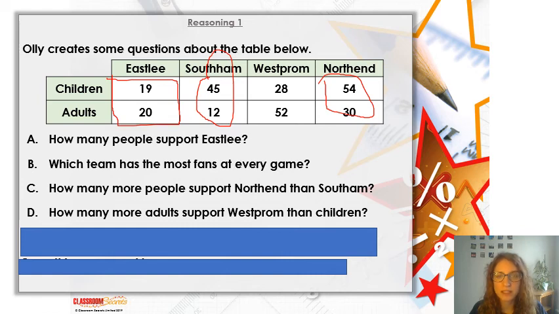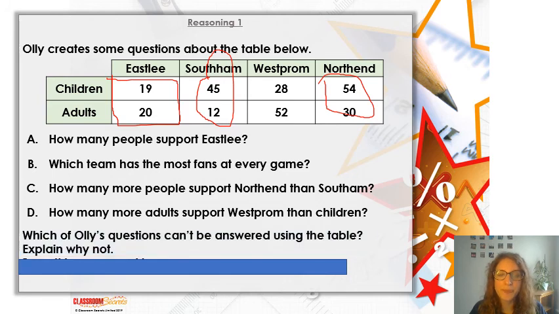Okay, so you need to do subtraction here, 52 take away 28. And which of Ollie's questions can't be answered using the table? Explain why not. So there's 4 or 5 questions there. I'd like you to pause the video and have a go at answering all of those, and then we'll go through the answers together.